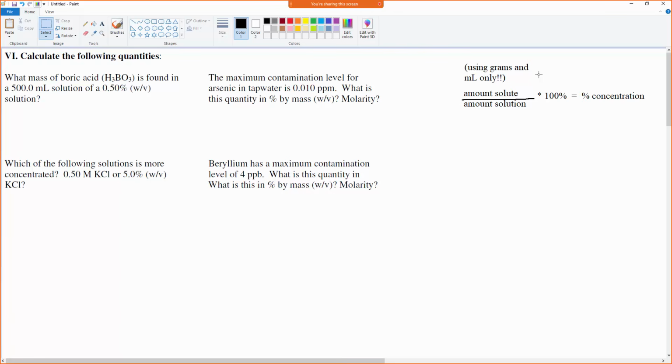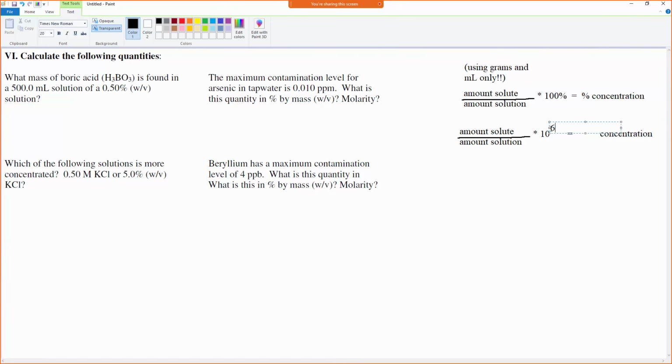And then if you do the same thing, but instead of multiplying by 100, you multiply by 1,000,000, that gives you the per million concentration, or parts per million. So here we're going to multiply it by 10 raised to the 6th. 10 to the 6th is 1,000,000, and that gives me parts per million.